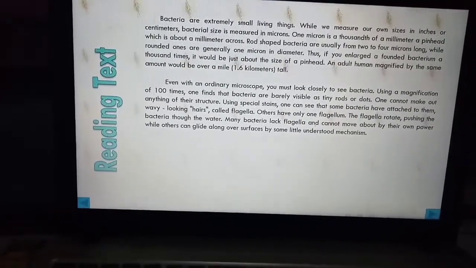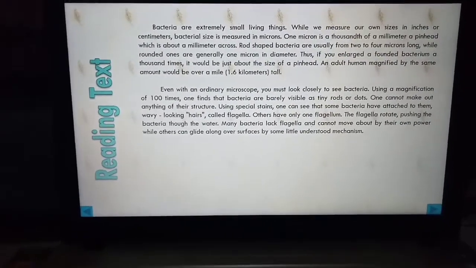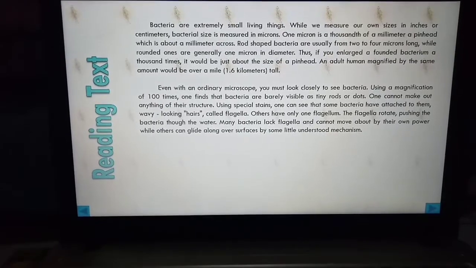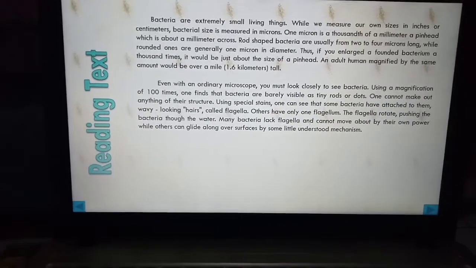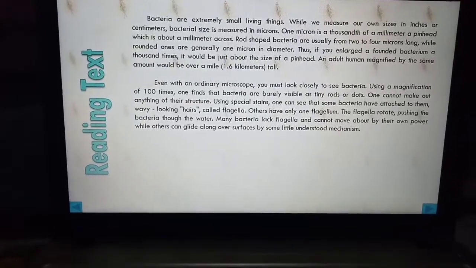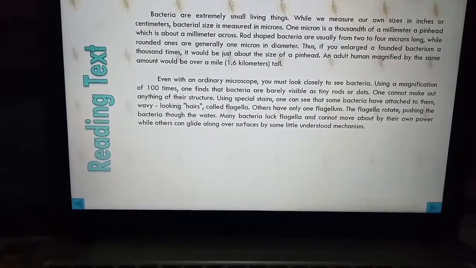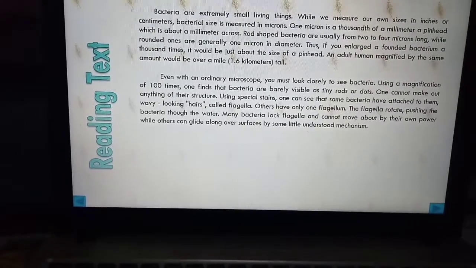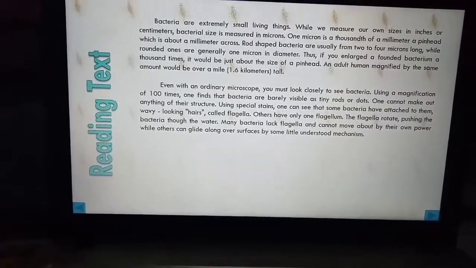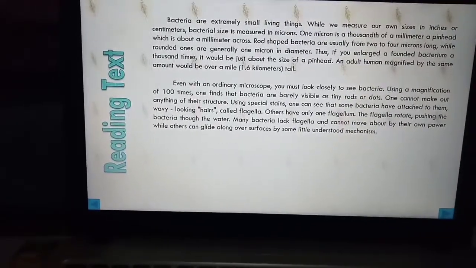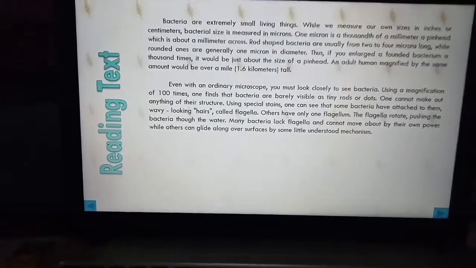Using special stains, one can see that some bacteria have attached to them wavy-looking hair-like flagella. Others have only one flagellum. The flagella rotate, pushing the bacteria through the water. Many bacteria lack flagella and cannot move about by their own power, while others can glide along over surfaces by some little understood mechanism.